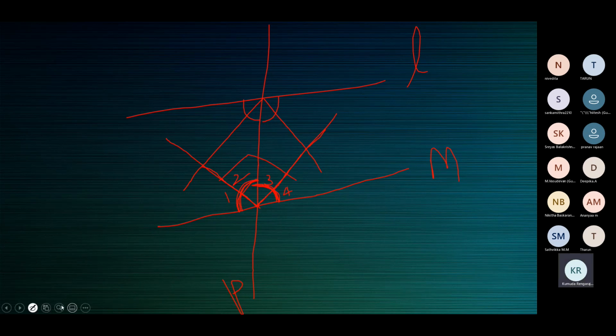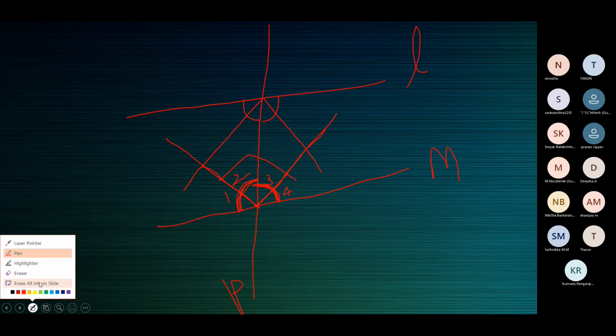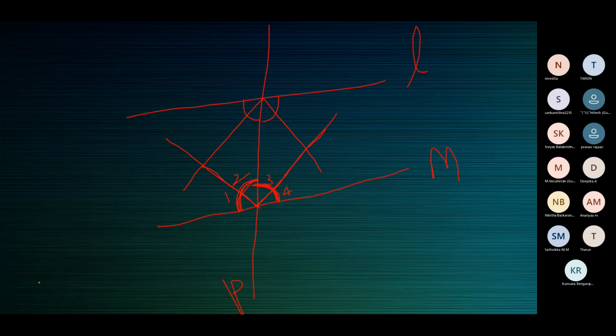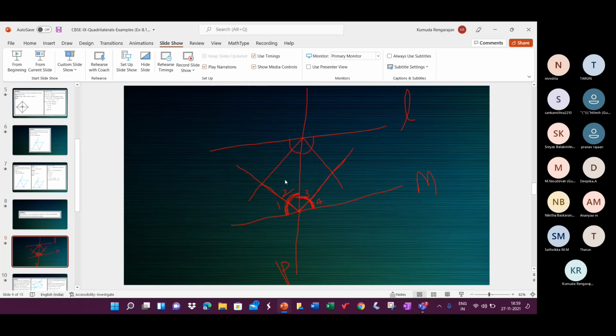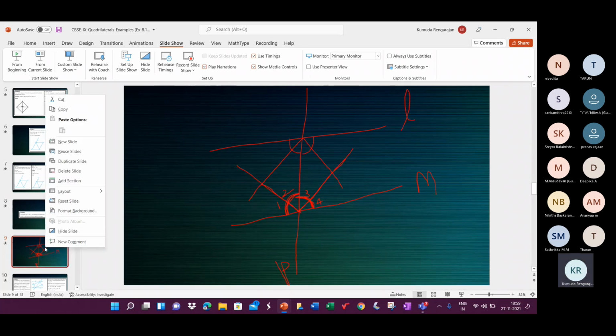What you can also do is, now we know that this whole angle plus this whole angle is equal to 180 because co-interior angles are supplementary. Just a minute.